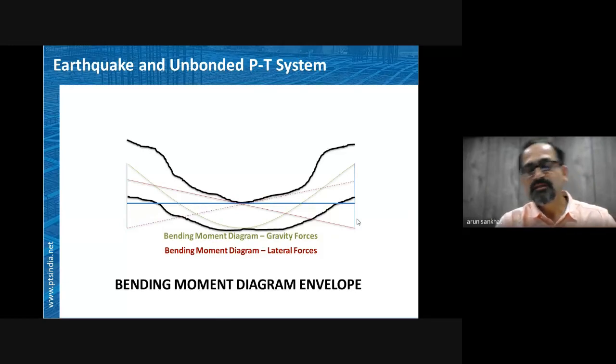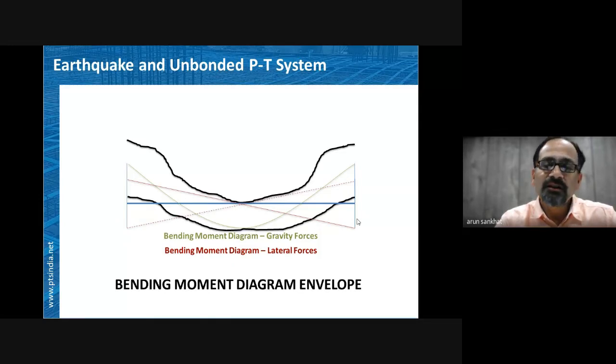I would like to discuss at this point that the pre-stressing cable should not be applied for lateral force actions, because these lateral forces, or earthquake forces, are very transient in nature, and they are there for hardly a minute or two, not for the lifetime of the building. Whereas the pre-stressing force is a permanent force.